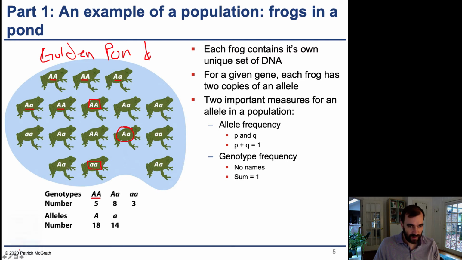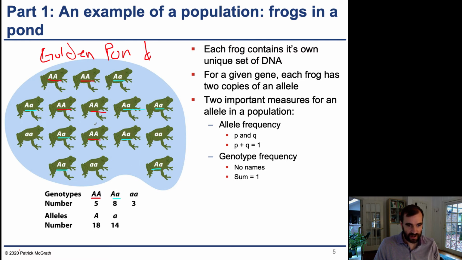Here, let's erase this all. We can list 1, 2, 3, 4, 5 frogs have the capital A genotype. We can list the 1, 2, 3, 4, 5, 6, 7, 8.